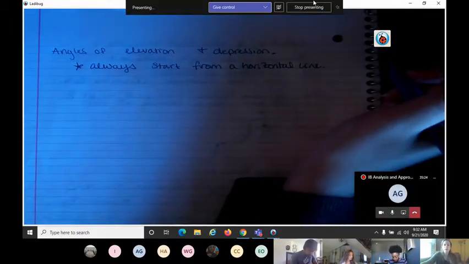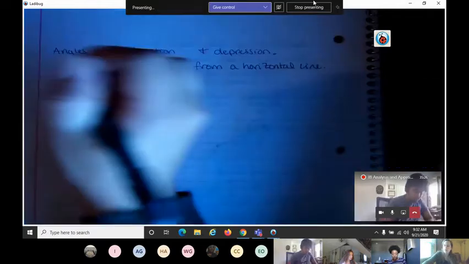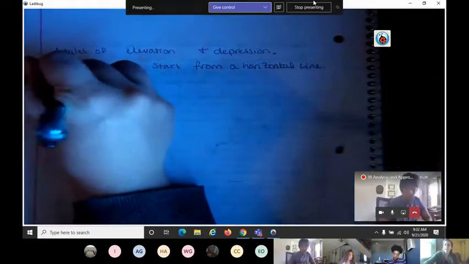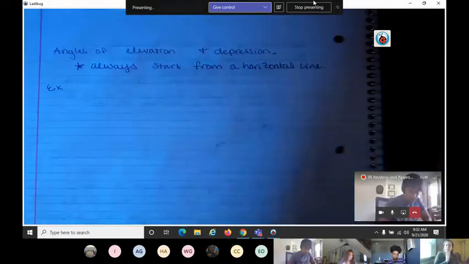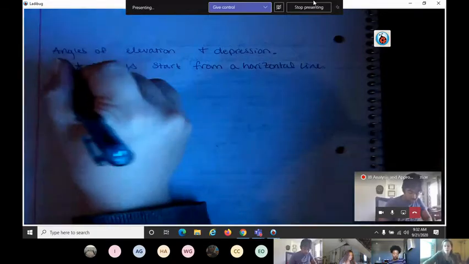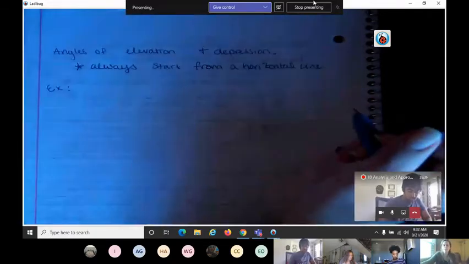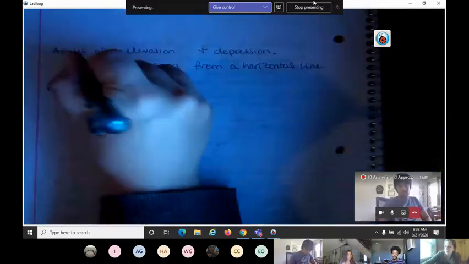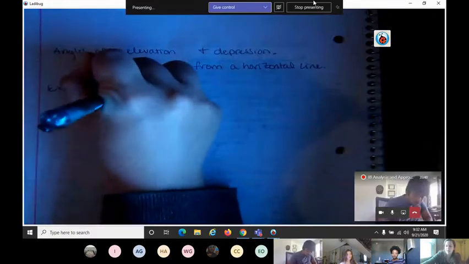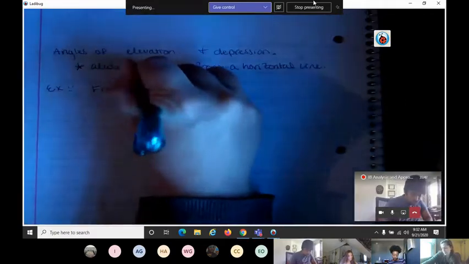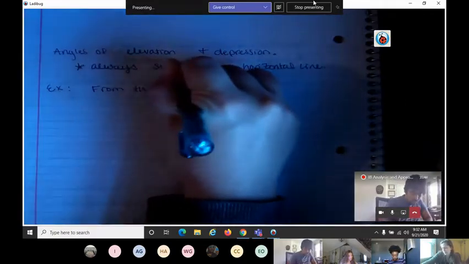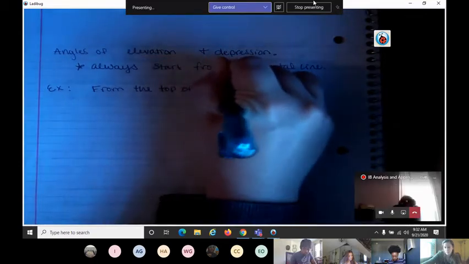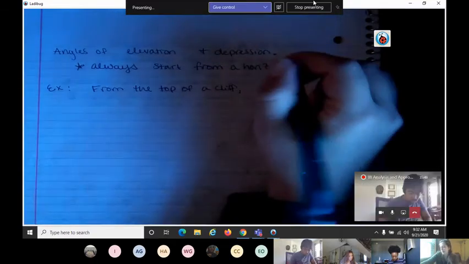Okay. So, and it's pretty easy to tell the difference between these two because of the words. So for our first example, we have from the top of a cliff a hang glider.